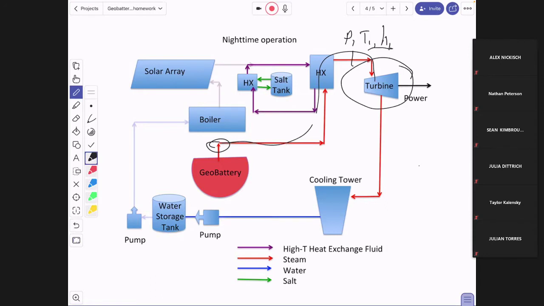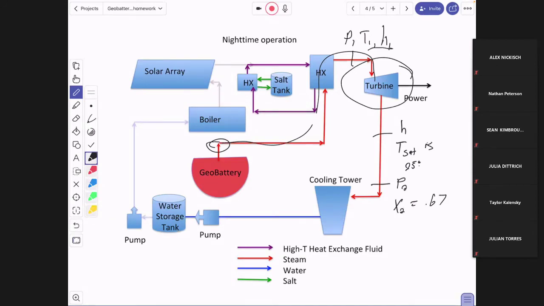Now, I have to specify your value of H here. I'm going to say you're getting that at T sat is 25 degrees. Okay, so that's going to set your pressure, P2. And I'm going to say that X2, your quality, is 0.67.